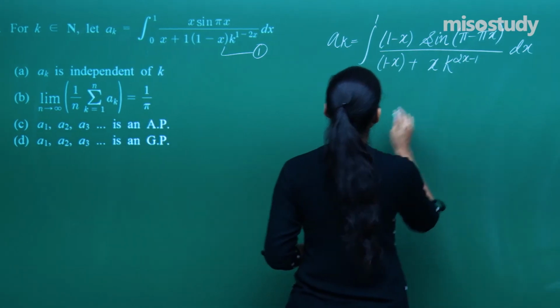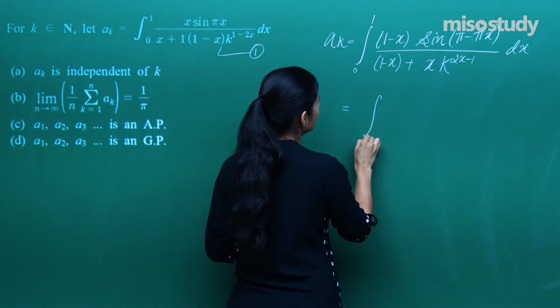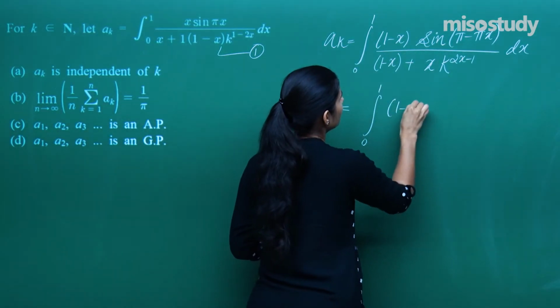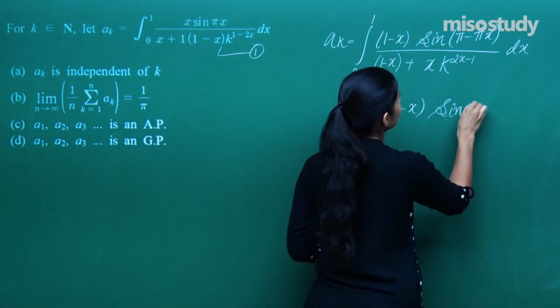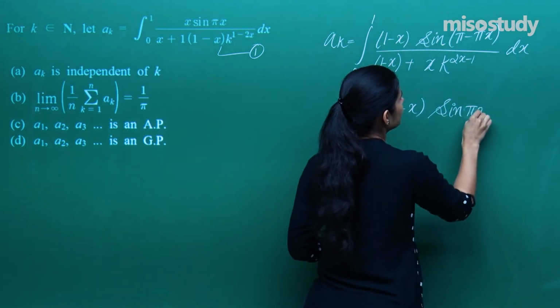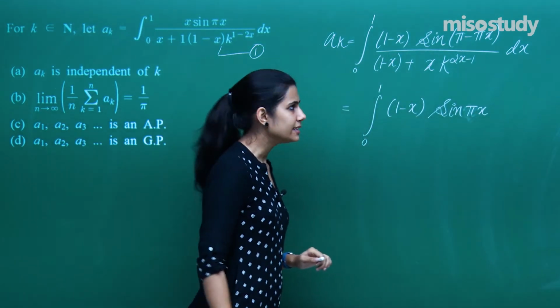Now if you simplify further, you get 0 to 1, 1 minus x, this is sine pi x because sine of 180 minus theta is sine theta.